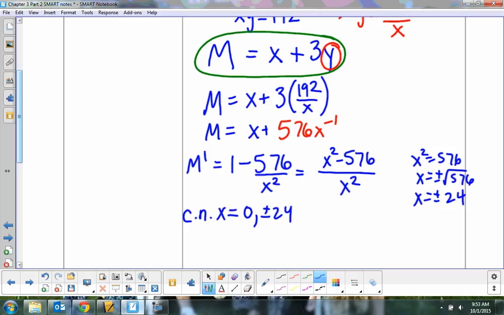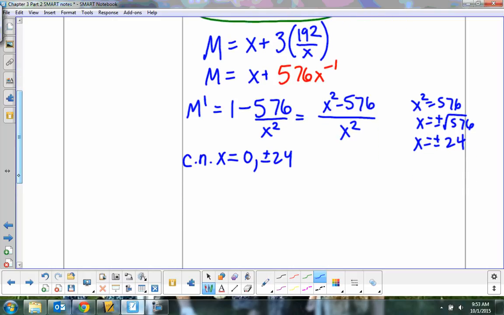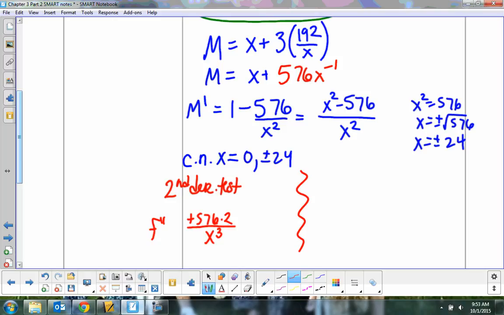Just the positives. So do you want to set up a number line for the first derivative test, or do you want to find the second derivative and plug in the value for the second derivative test? Second derivative test. Alrighty. So we'll show both ways, okay? If we did the second derivative test, what is that second derivative going to be? Now it's going to be a positive 576 times 2 over x cubed, right?